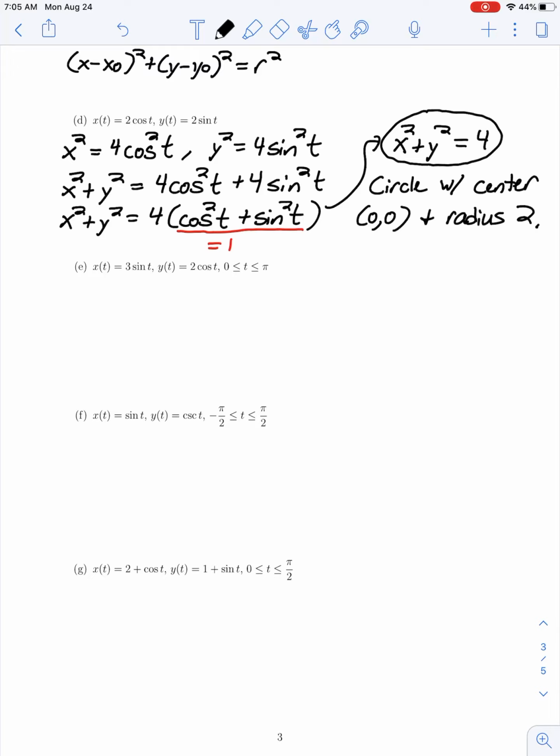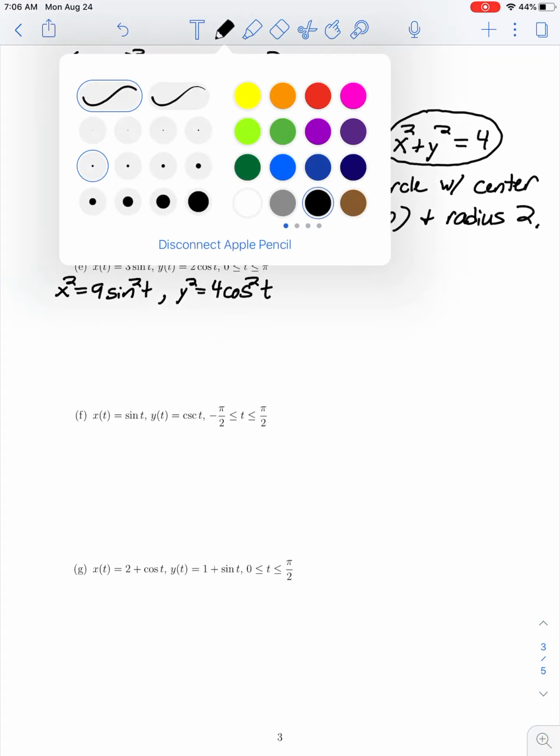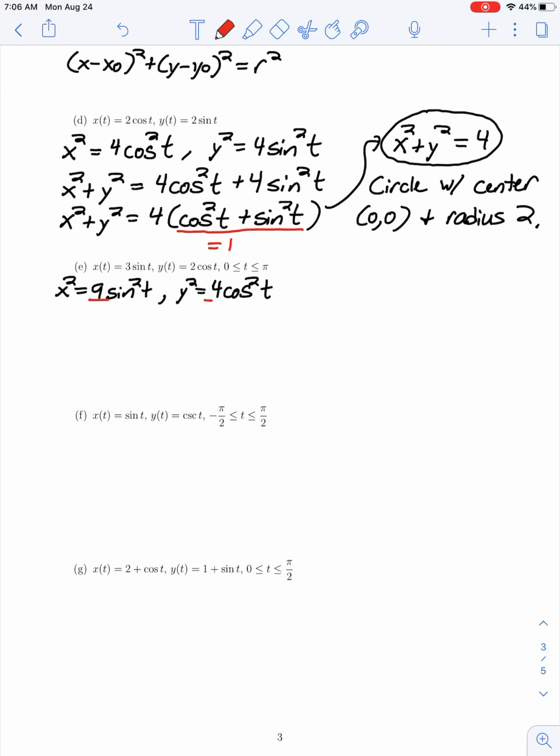Now here, if we consider the squares of these values, x squared would be 9 sine squared t, and y squared would be 4 cosine squared t. So if we sum these squares, x squared plus y squared, well, we run into a little trouble here. Because in this example, the coefficients for sine and cosine squared are not equal.